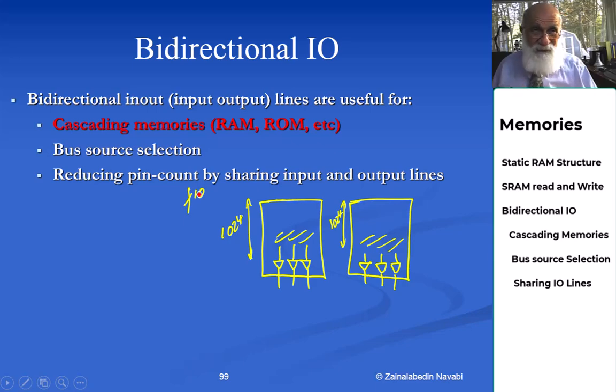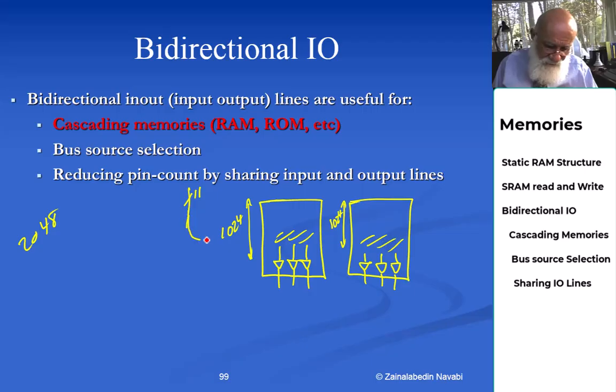Okay, if I want to cascade this to make it a memory of 2048, this is how I go about it. I first come up with 11 address lines, take 10 of the address lines to this, another 10 address lines, the same 10 address lines to this. Okay, and then I have one address line, the most significant bit.